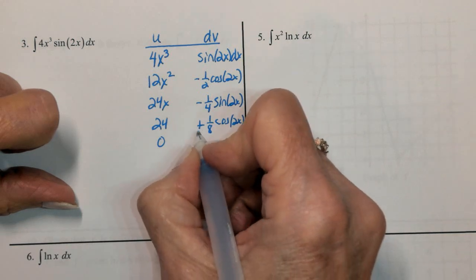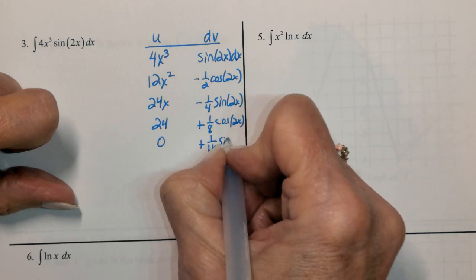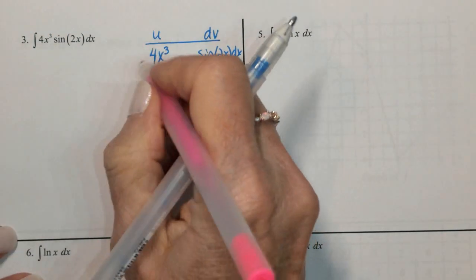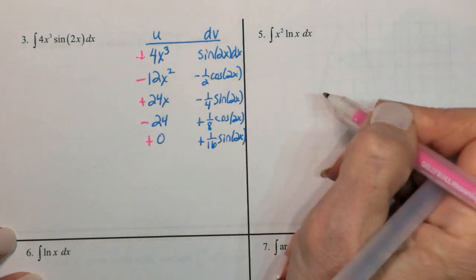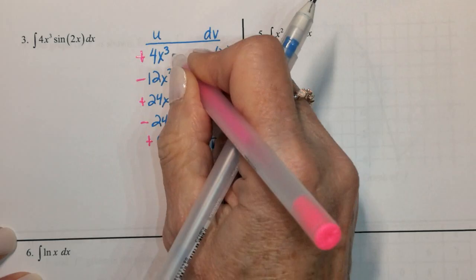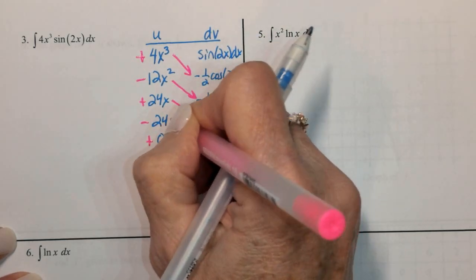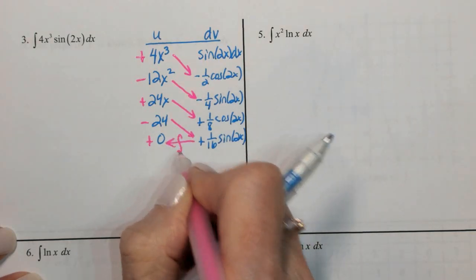Integrating cosine, keep the sign, 1/16 sine of 2x. Plus, minus, plus, minus, plus. Multiply diagonally. Integrate horizontally.